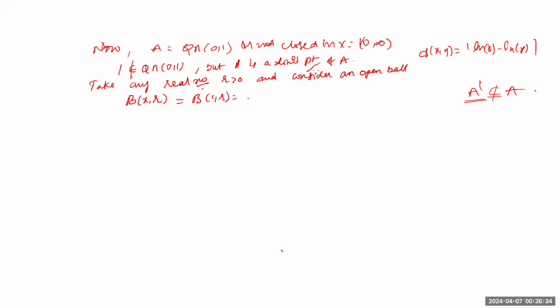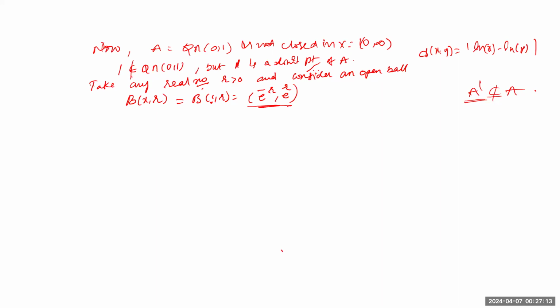The procedure is the same: it is nothing but (e^(-r), e^r). Before we took 1/2 times e^(-r) and 1/2 times e^r, but here x equals 1. This is the open ball with center 1 and radius r. The proof is similar to what I explained before.